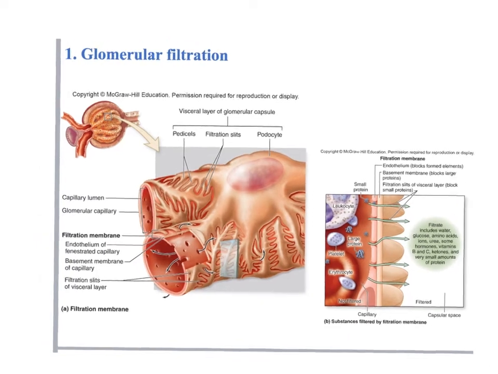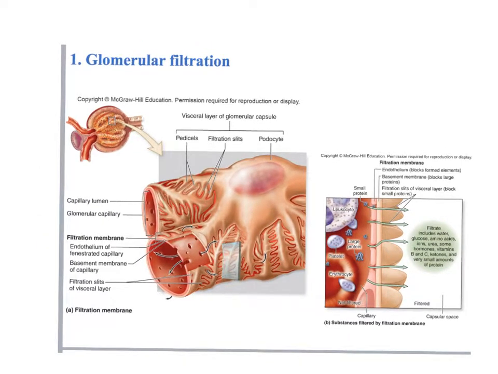The first step, filtration. Filtration is, by definition, an exclusion based upon certain characteristics. In this case, the biggest category or characteristic of exclusion is by size.